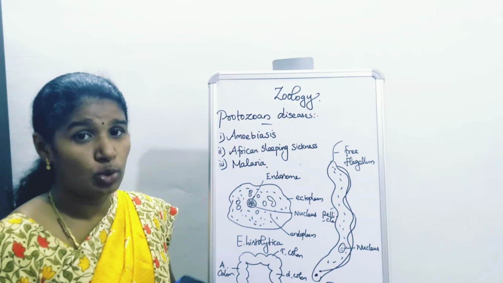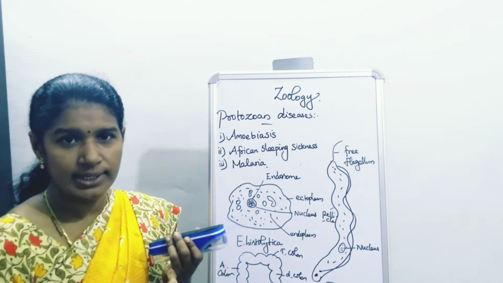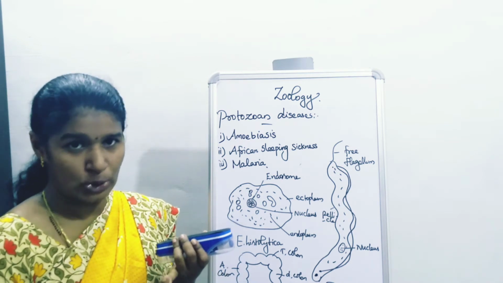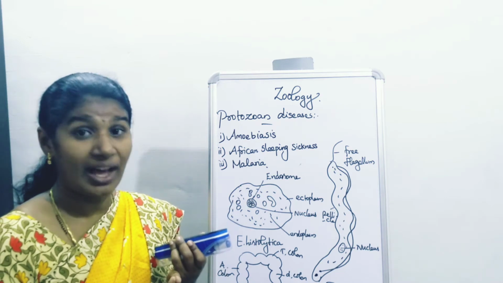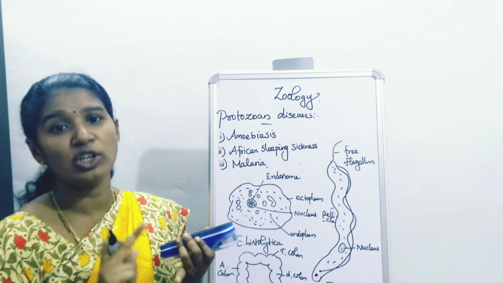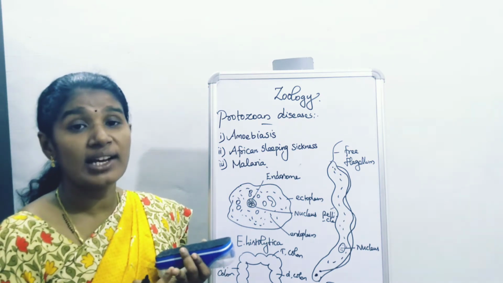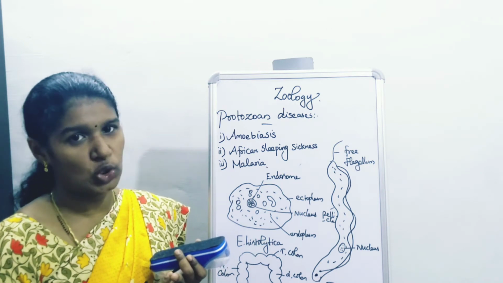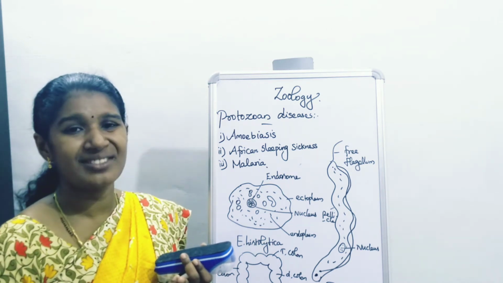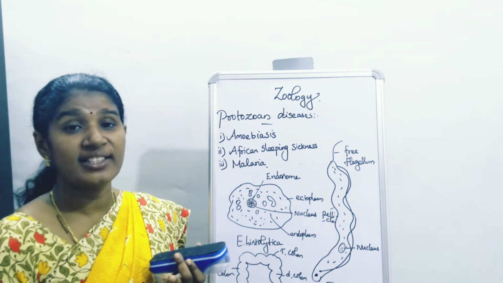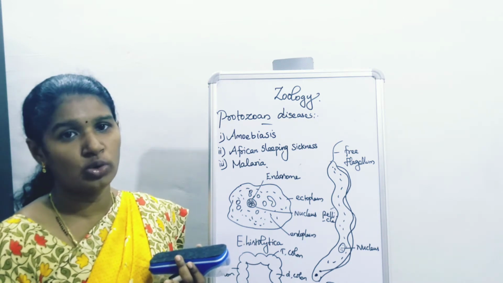What are the points we want to remember? Amoebiasis is one of the protozoan diseases. It is otherwise called amoebic dysentery or amoebic colitis. It is caused by Entamoeba histolytica. What are the symptoms? Diarrhea, dysentery, and stool with blood or mucus.